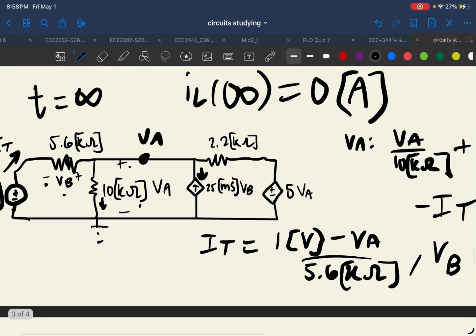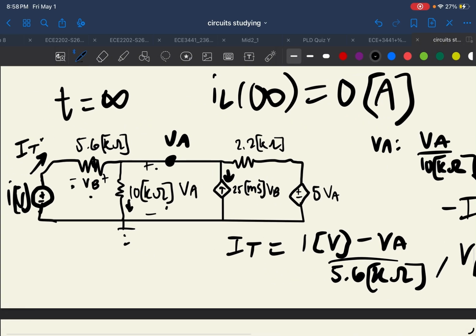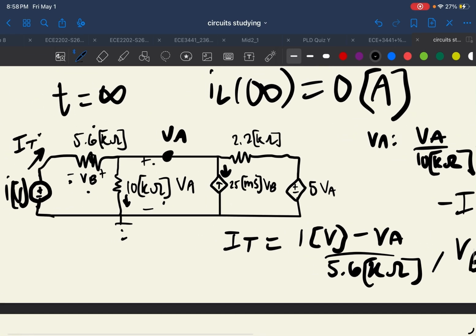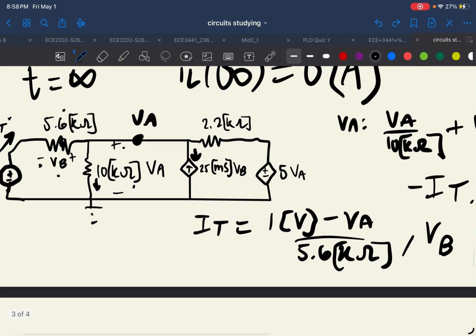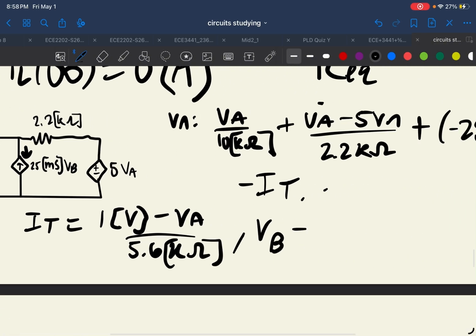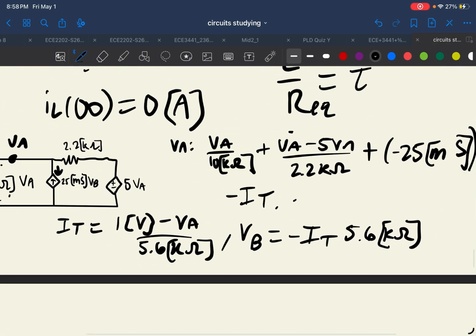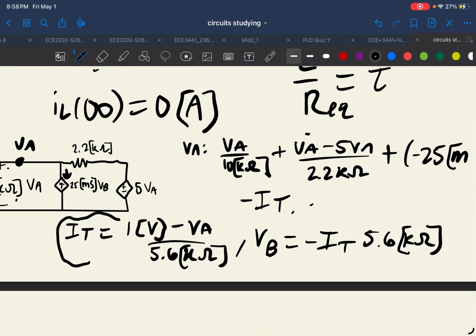V equals IR, we know the current going through it, I, we know the resistance, 5.6 kilo ohms, and we are just solving for VB. But one important thing, I is going into the negative terminal of this voltage, so active sign convention is going to make this actually negative. Negative IT, 5.6 kilo ohms.